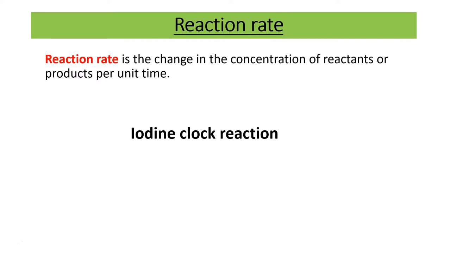Reaction rate sums can be quite a lot of fun, and you can actually calculate it very, very specifically. There was a group of students at a university, I can't remember which one now, who each made a solution that had to react in a specific time, and they used the iodine clock reaction.